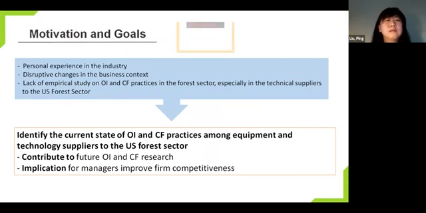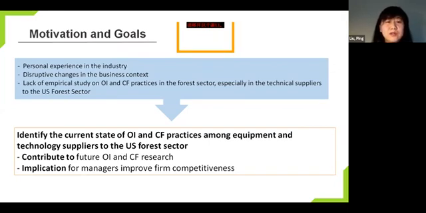Here is the motivation and goals. Because of my personal experience in the industry, and also the disruptive changes in the business context that imposed opportunities and challenges to the suppliers. And also there's a lack of empirical study on open innovation and corporate foresight practices in the US forest sector, especially in the technical suppliers to the US forest sector.